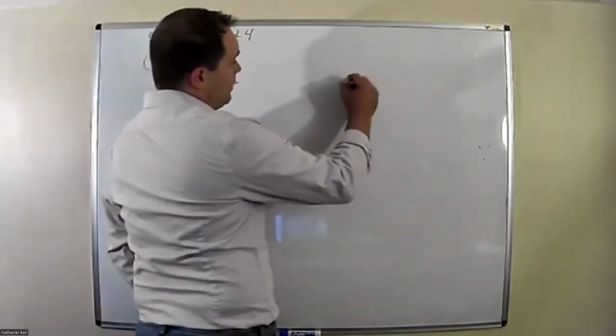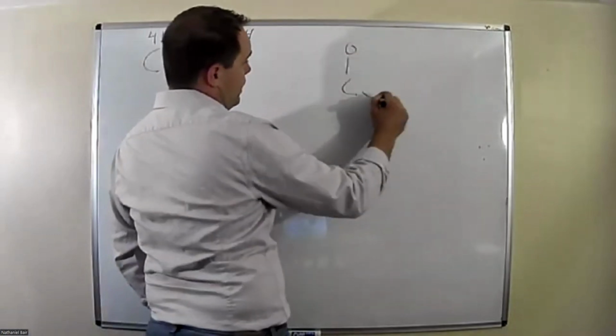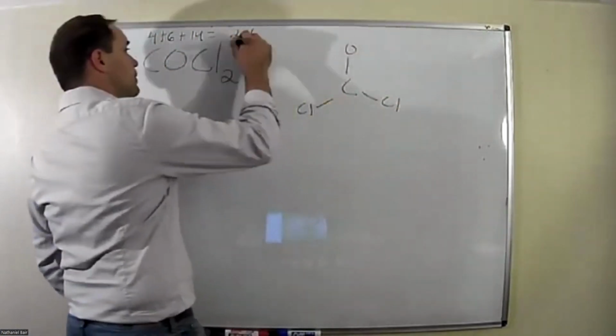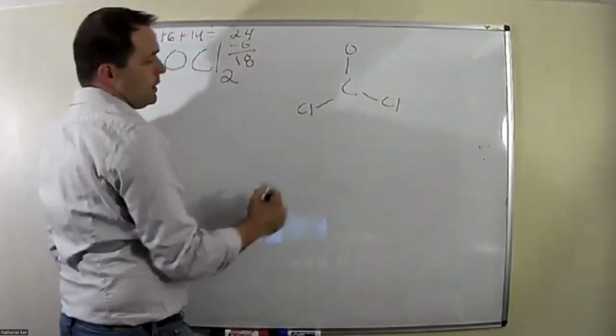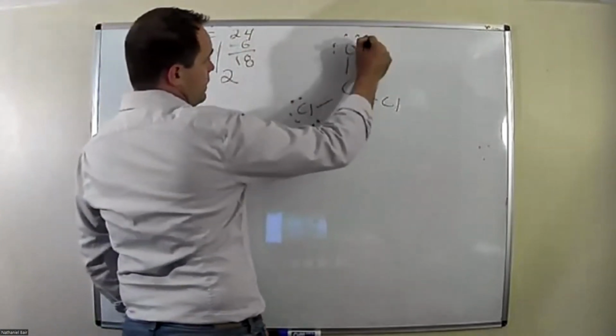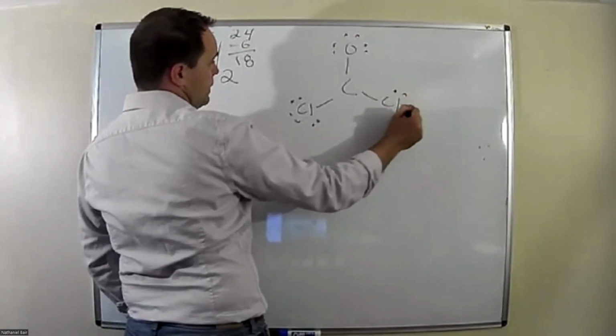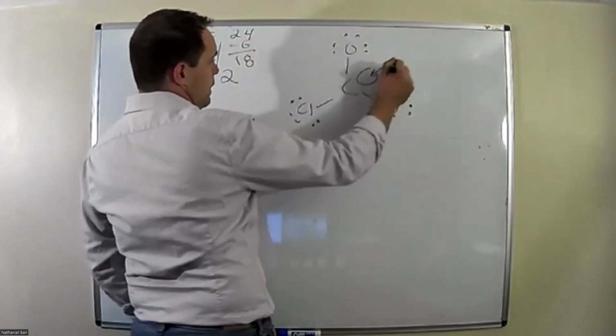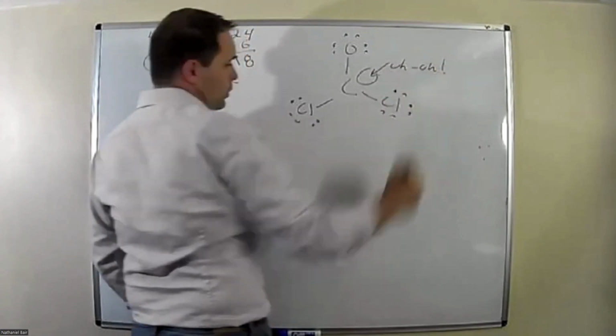So we're going to put carbon in the middle. We're going to have oxygen and 2 fluorines. Uses up 6 electrons, leaves me with 18. 2, 4, 6, 8, 10, 12, 14, 16, 18. We're short 2.